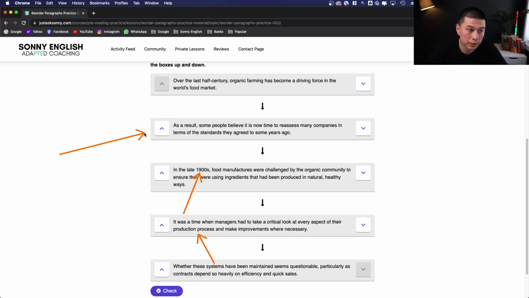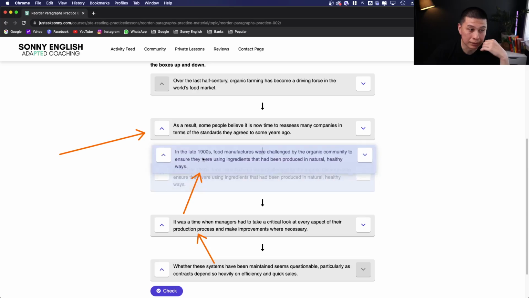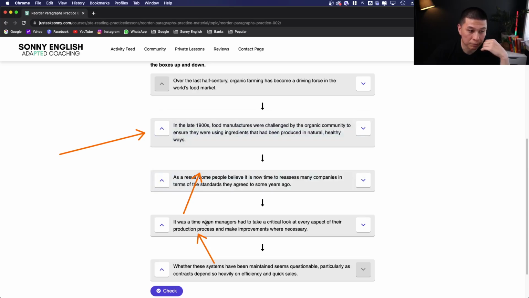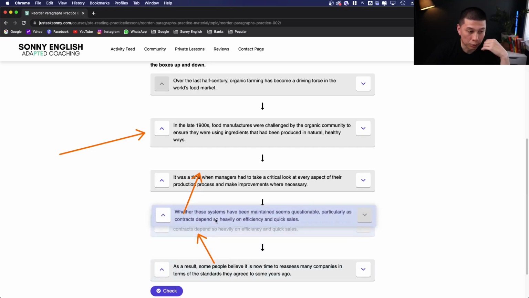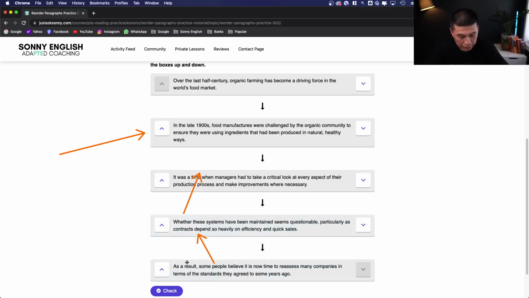So this is either gonna go on the top or on the bottom. What do you think? Top or bottom? It's gonna go bottom, right? Because it says as a result. So it shouldn't be in between any of these paragraphs. So I'm gonna put as a result at the bottom here.